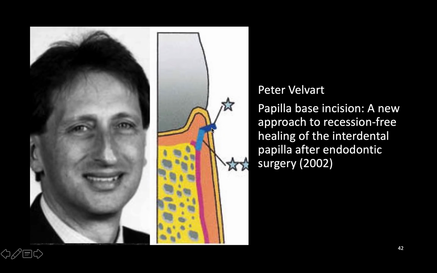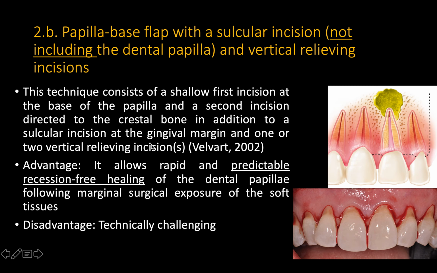We place this incision around 2 to 3 millimeters deep, and then we tilt the blade and direct it towards the crestal bone, and we place our second incision. Then we move around the gingival margins in the sulcus of the tooth. Of course, for this flap, you need a micro blade. The 15C will be difficult to use.